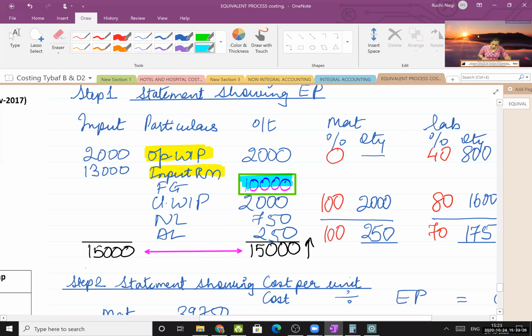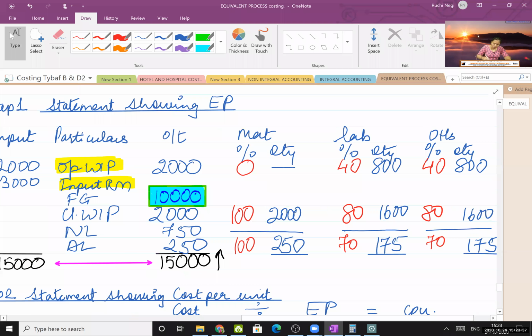Yeah, so this is the highlight, and you can double check this. And this is always assumed to be 100%, 100%. So 10,000 ka 100% is 10,000, 10,000 and 10,000.